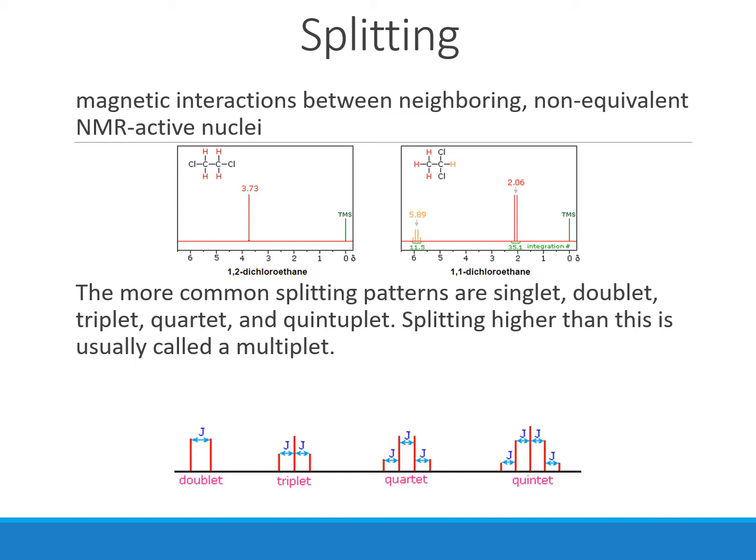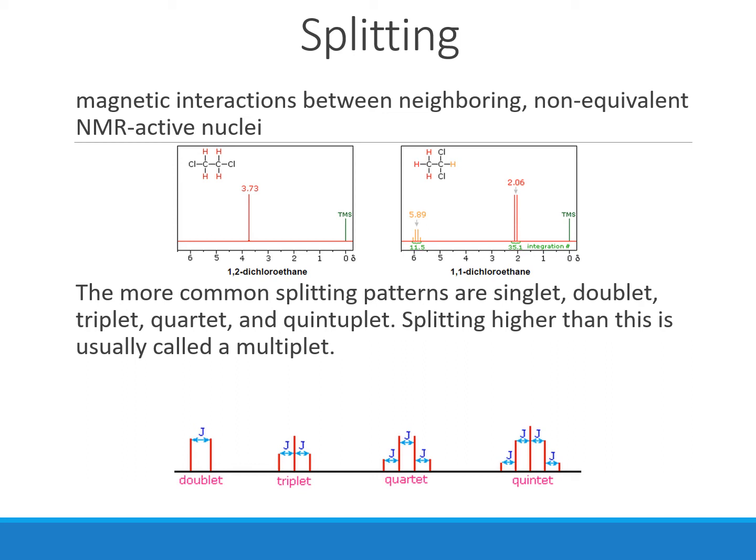They can be one bond away or two bonds away, but should be within three bonds of one another. They should be non-equivalent, which means the hydrogens have different resonance frequencies depending on the nature of their attachment in the parent compound.